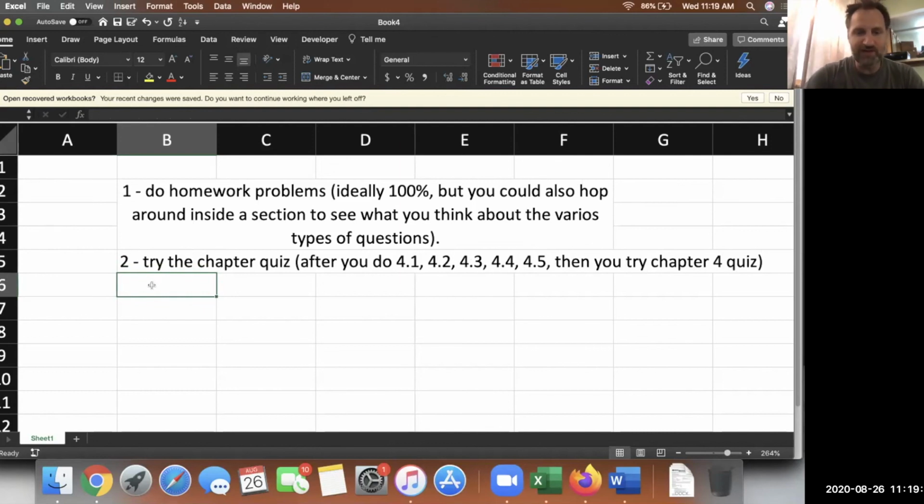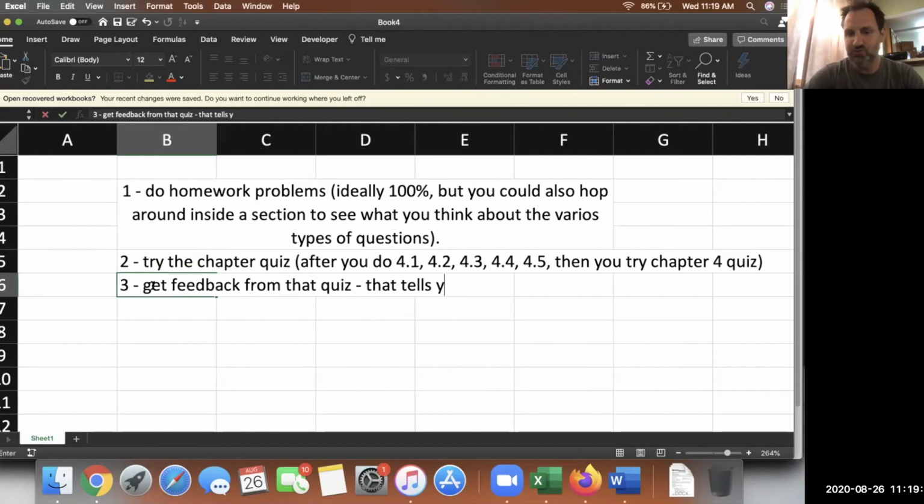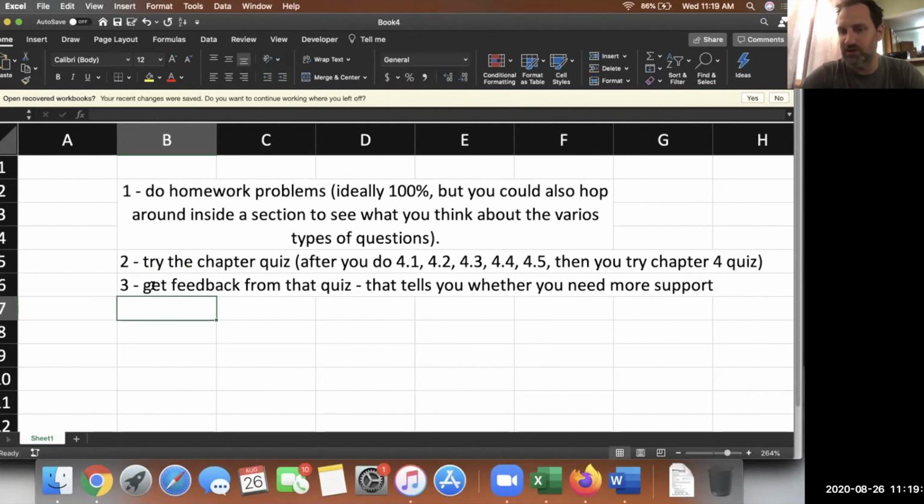Once you've done that, you get the feedback from that quiz, that tells you whether you need more support. So if you get a good score, and you got to kind of frame your own expectations here, but to me, the difference between an A and a B and a C in this course is really like, how do you feel about it?